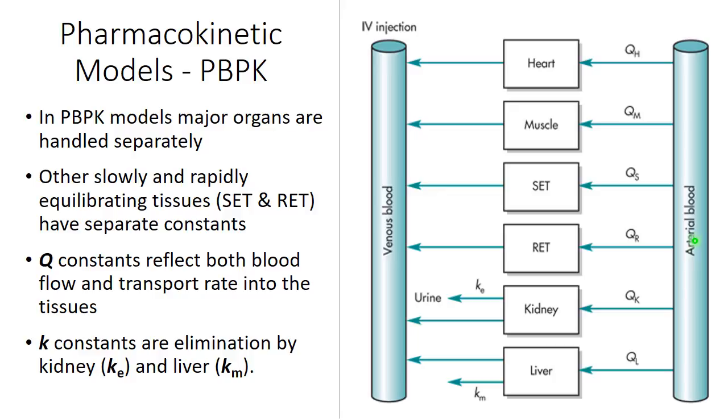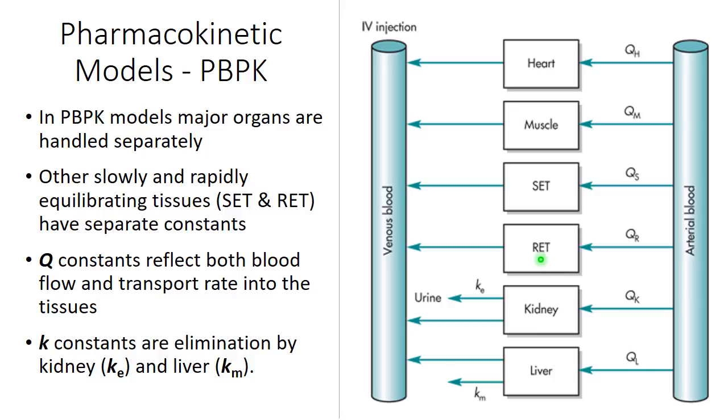This is the arterial blood, and each one of these Q's is the flow rate, the rate of blood flow to each organ, to the heart, muscle, kidney, liver. And the SET and the RET are kind of undefined tissues that are slow equilibrating tissues and rapidly equilibrating tissues.